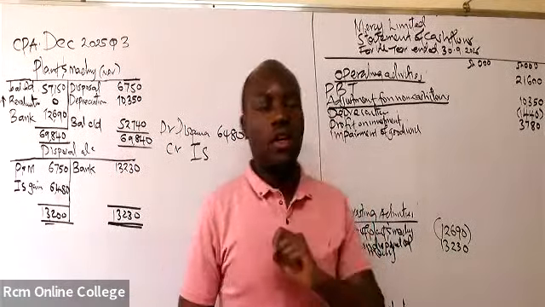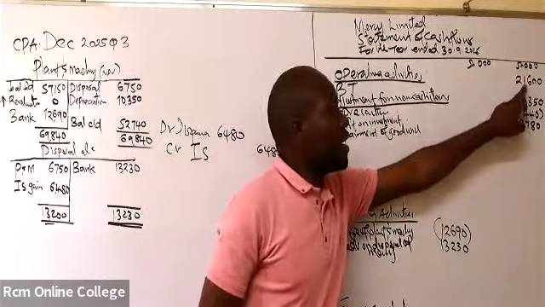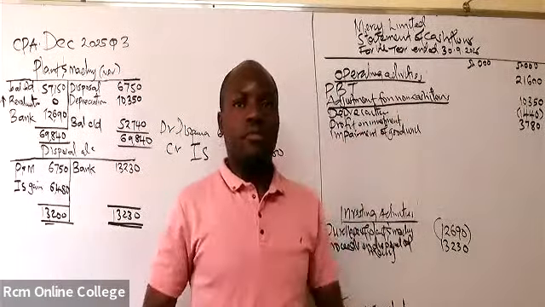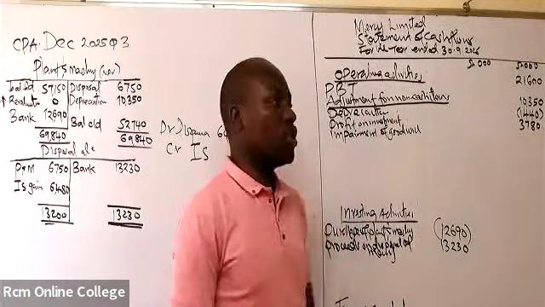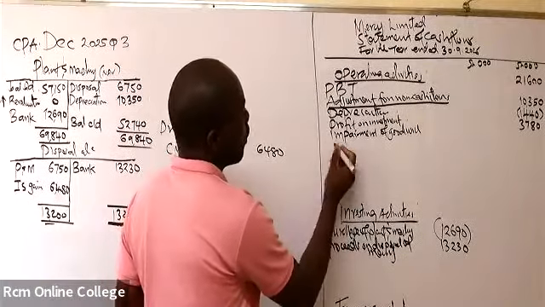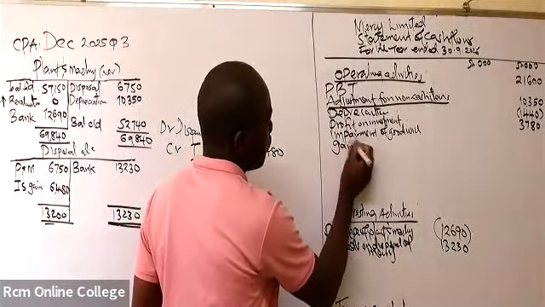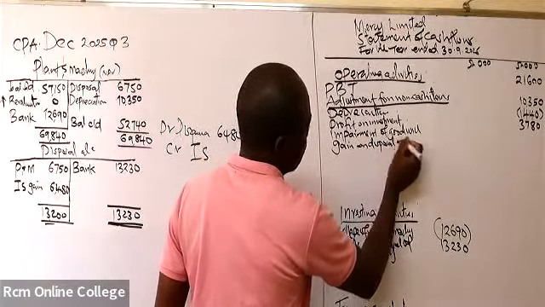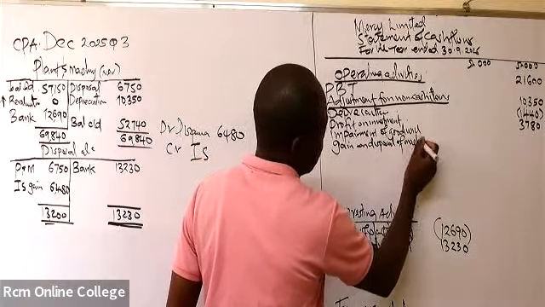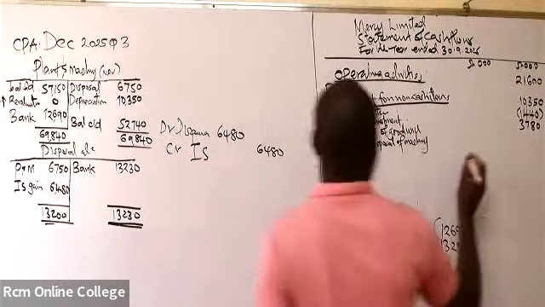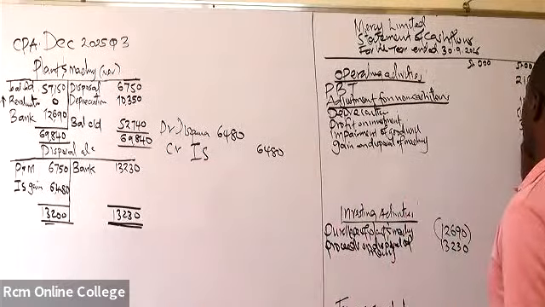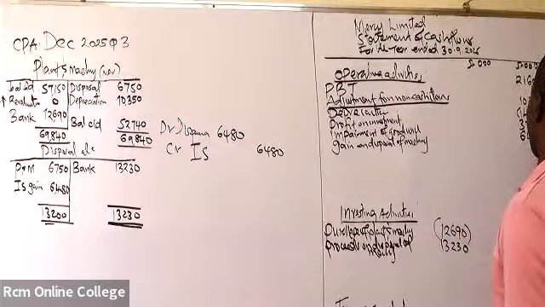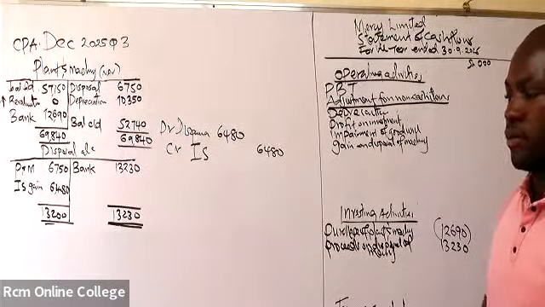Now the question is, our 21,600 is exaggerated by this gain. What am I supposed to do with the gain on disposal of machinery, the 64.80?